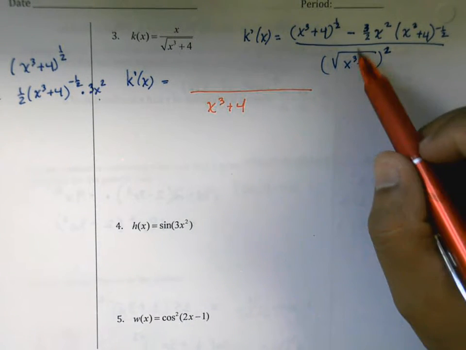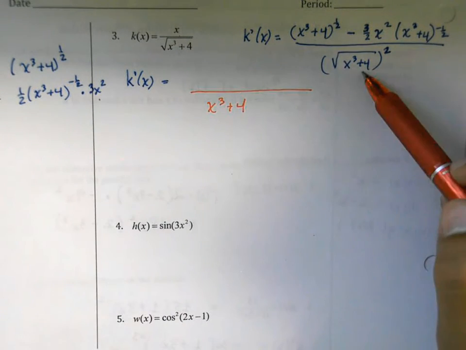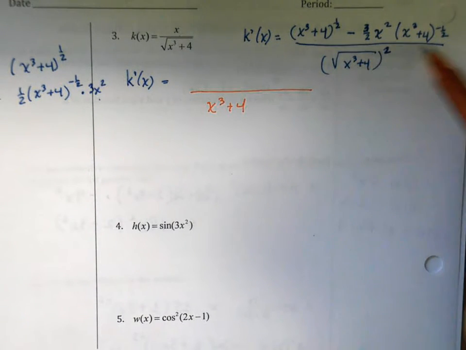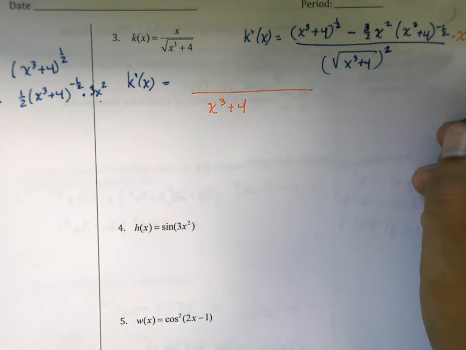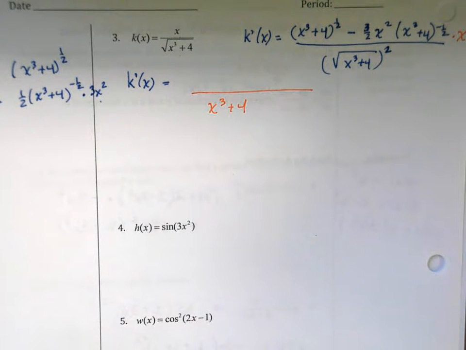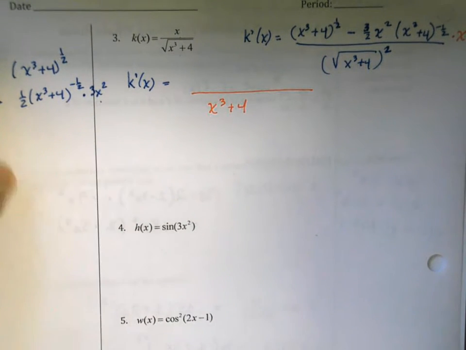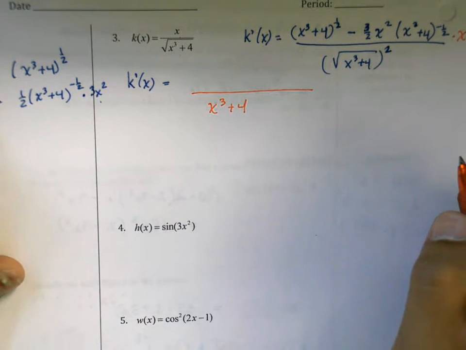The quotient rule is the derivative of the numerator, which is 1, times the denominator, which is all of that, minus the derivative of the denominator, which is this thing here, times the numerator, which is just x. So I forgot to multiply this here by x. So this should really be a negative 3/2 x cubed. But no troubles. We found a mistake, fixed it, and we can move on.